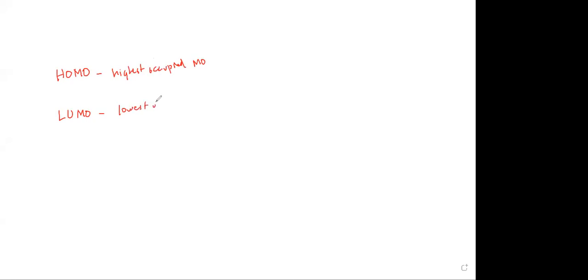Ano yung HOMO? Ano yung LUMO? O sige nga. Yung HOMO po, sir, highest occupied molecular orbital. Okay, so that's the highest occupied MO. Tapos yung LUMO naman lowest unoccupied MO po.